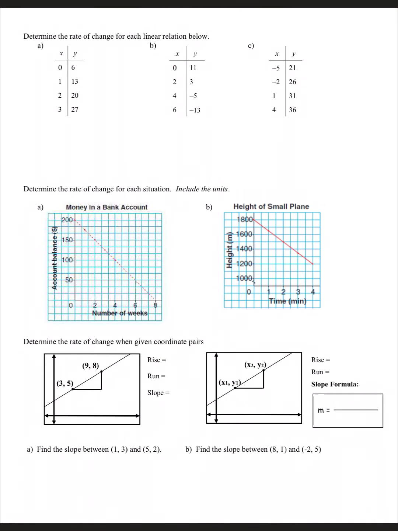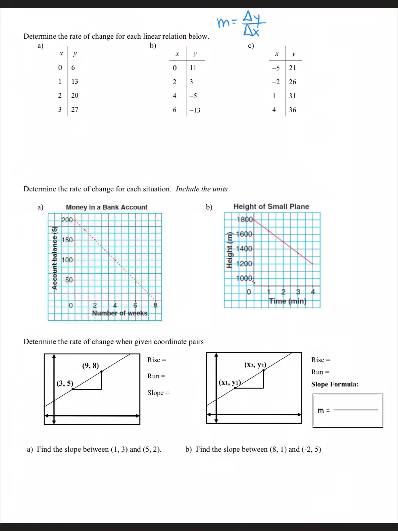Okay, so we're going to determine the rate of change for each of these linear relations, keeping in mind that our rate of change is our rise over our run, and it's also, like we had said on that previous page, our change in our y values divided by our change in our x values, okay?